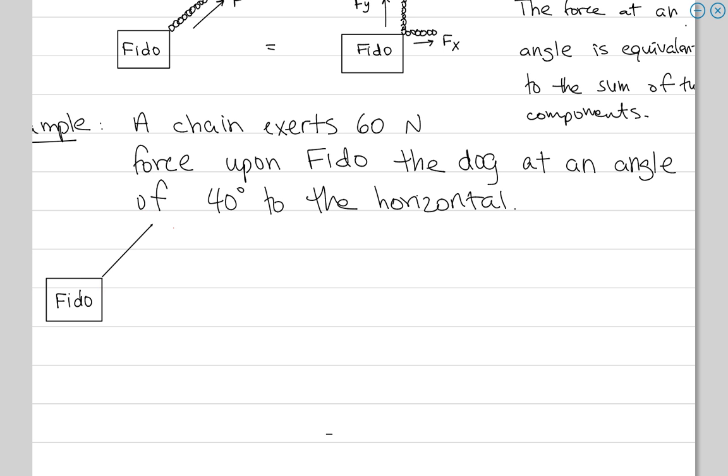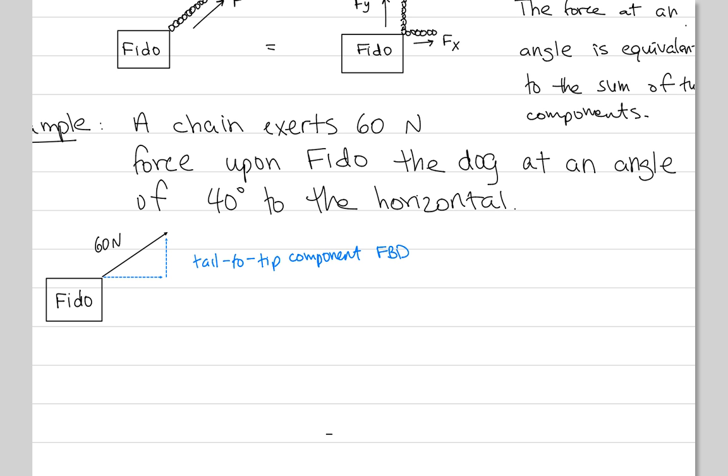Okay, so there's my 60 Newton force at 40 degrees to the horizontal, so let's try to make that a little bit more accurate. And then, if you had a different color pen, you can change up the color and draw in these vectors to give you the tail to tip components, and this is the free body diagram.